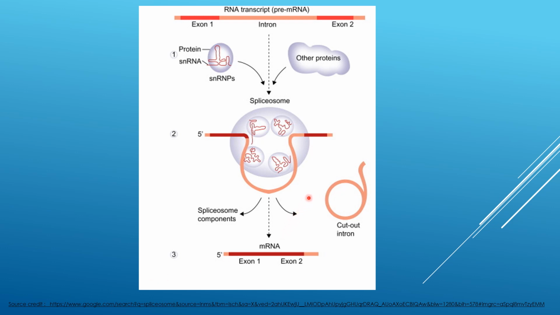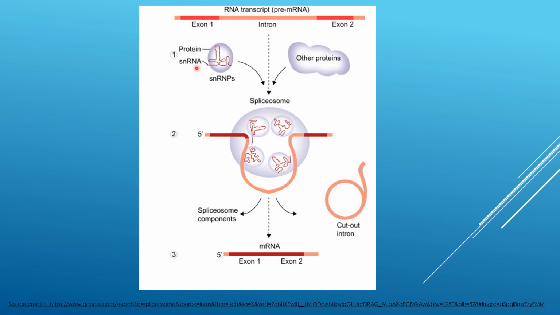This is the image where we can understand what is spliceosome. In case of eukaryotic transcription, first there is a formation of pre-mRNA. This pre-mRNA consists of exons and introns. Exons get further translated into protein, and introns are to be removed before the translation. For this process, the spliceosome is involved.